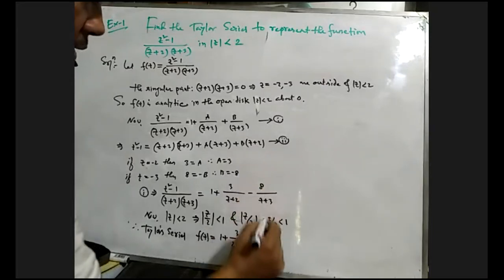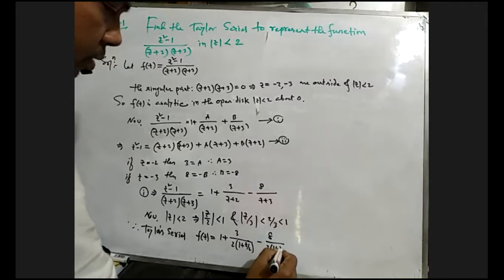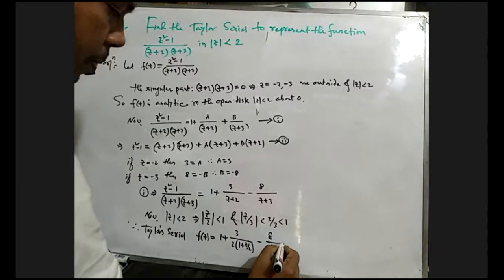Similarly, if we take 3 common, then 1 plus z by 3.